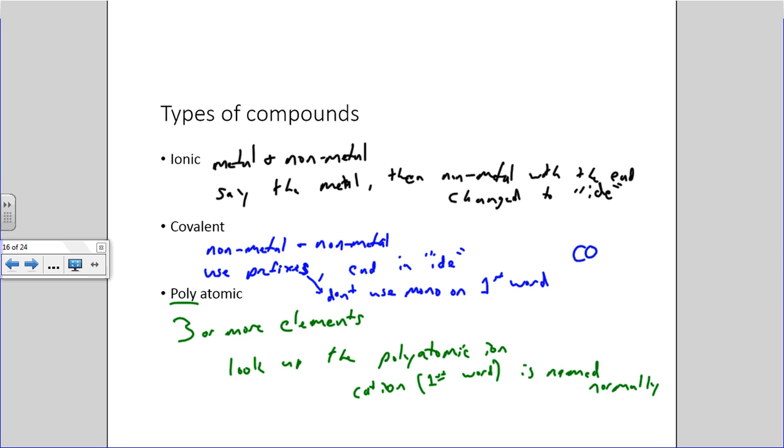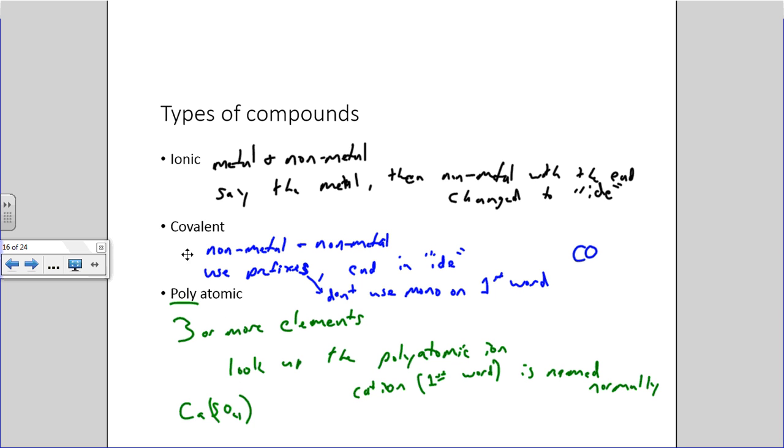So if you have calcium sulfate, CaSO4, like this, SO4, this guy right here, that's sulfate. So the cation, the first word, is just calcium. So you say calcium, and then this is sulfate. So the name would be calcium sulfate.